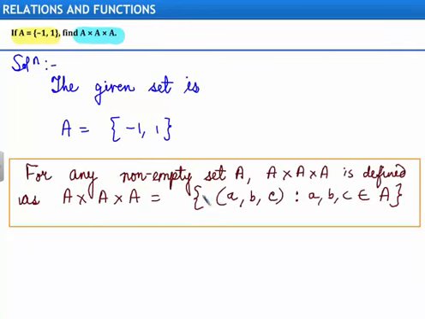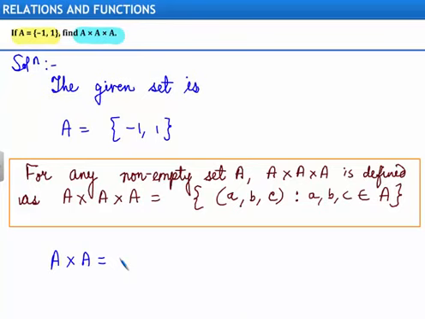For any non-empty set A, the Cartesian product A cross A is defined as the set of (a, b, c) such that the elements a, b and c belong to the set A. So to find out A cross A cross A, let us first write down the ordered pairs of A cross A.